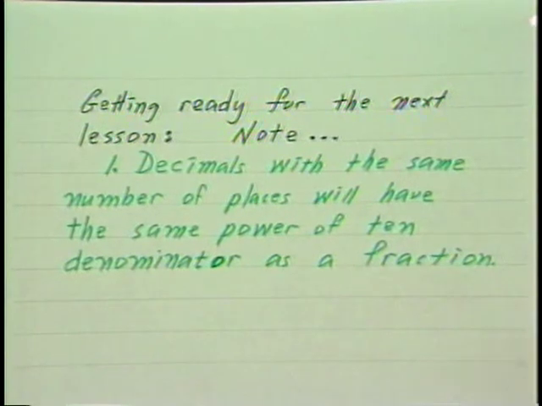Now, let's use our concluding few moments of this lesson to get ready for the next lesson. Please note 2 points. First, decimals with the same number of places will have the same power of 10's denominator as a fraction. Let's illustrate that.